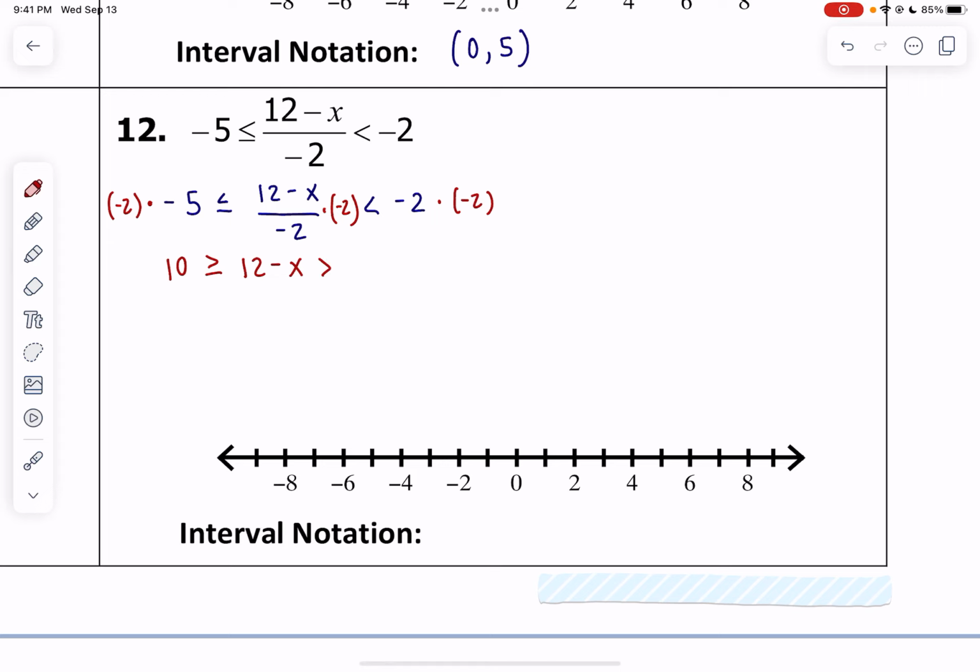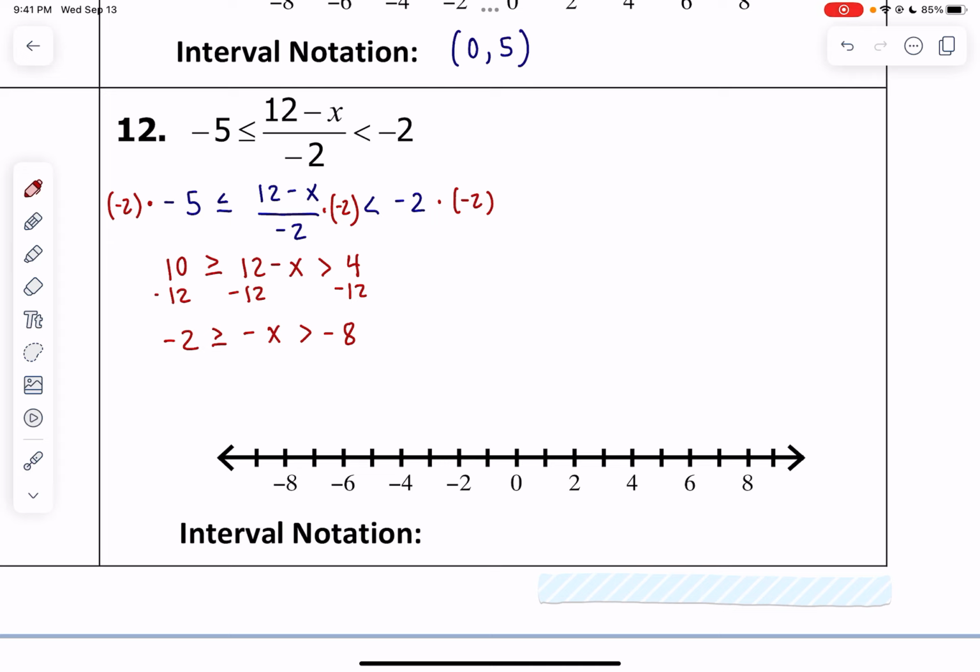It's greater than negative 2 times negative 2 is positive 4. Then we follow the same process. We subtract 12 from all sides. So therefore we have negative 2 is greater than or equal to negative x is greater than negative 8.